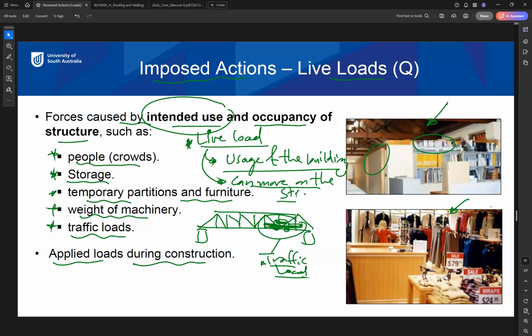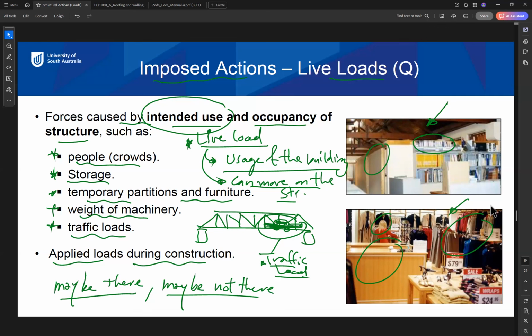Here, for example, in a shop, the clothes and the stuff and the desks and people are also considered as live load. So the live load again is any load that can move on the structure, and it might be there and might not be there. But the dead load will always be there. So this is the main difference between dead load and live load.